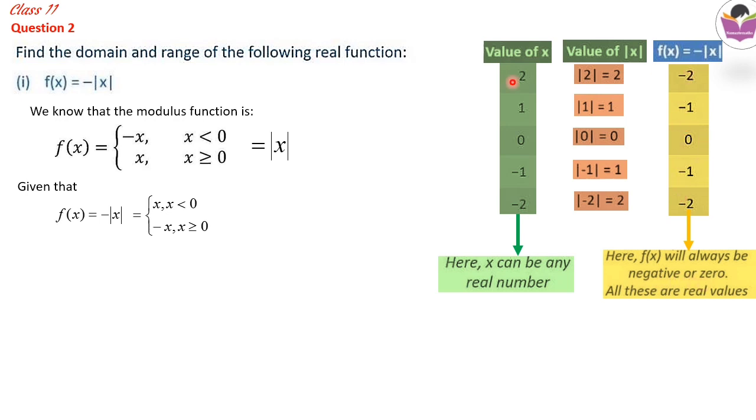When we give a positive real number, we get a negative number as output. When we give a negative number also, we get a negative number as output. Only in the case of 0 does it come as it is. So your output will always be a negative number or 0.